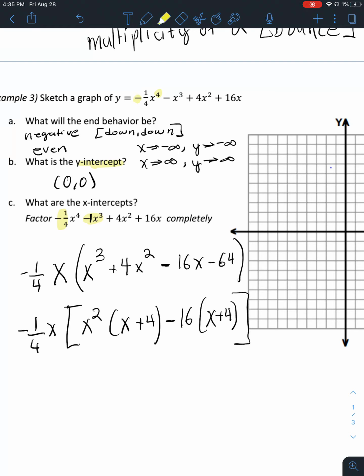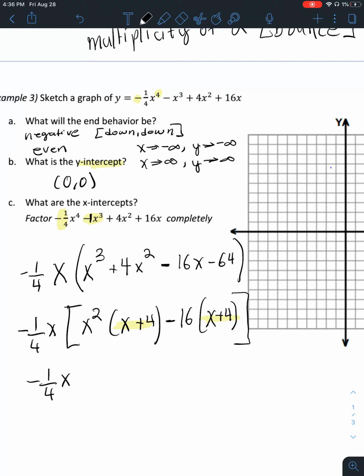I don't encourage shortcuts all the time. However, remember, if factor by grouping works, these two parentheses have to be the same. So that kind of gives you a hint on the right side what you should get there if you get stuck. Next step, I have a negative 1/4 x.